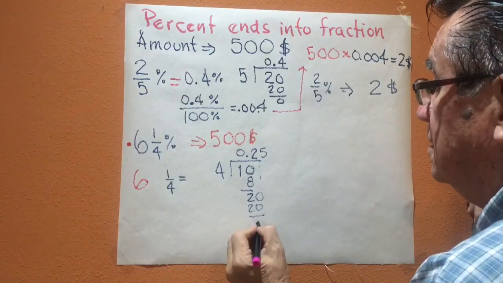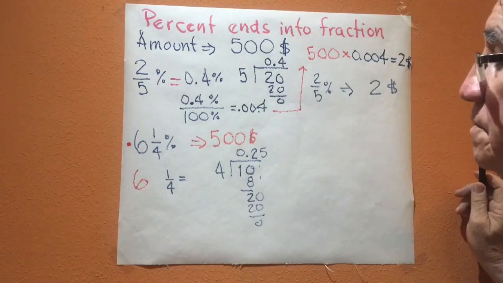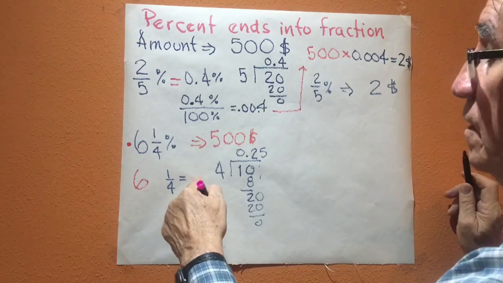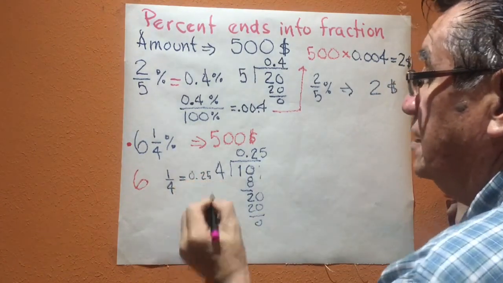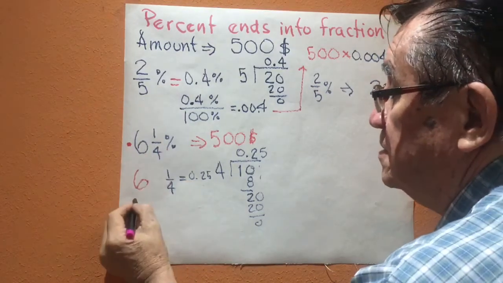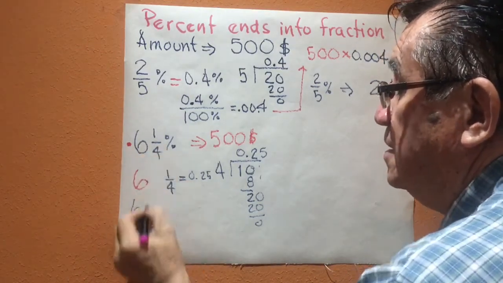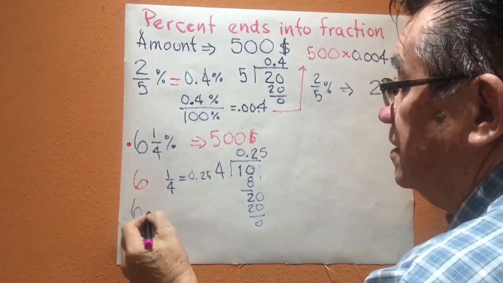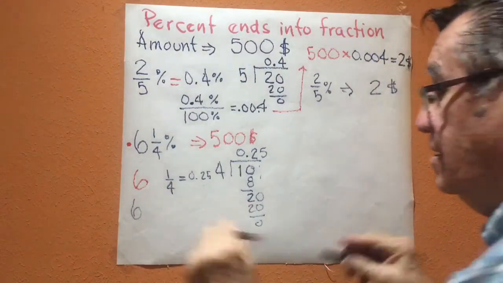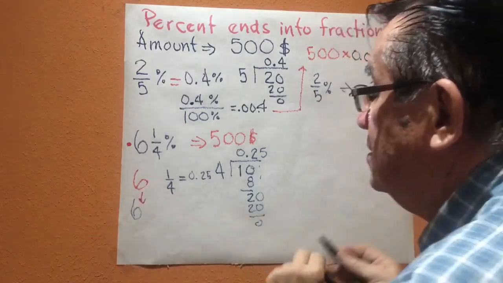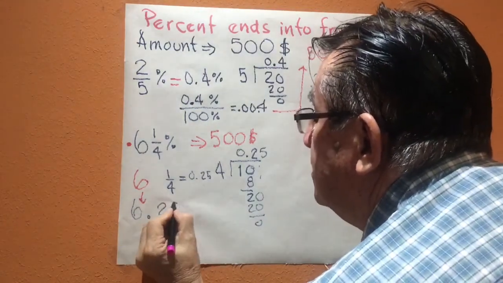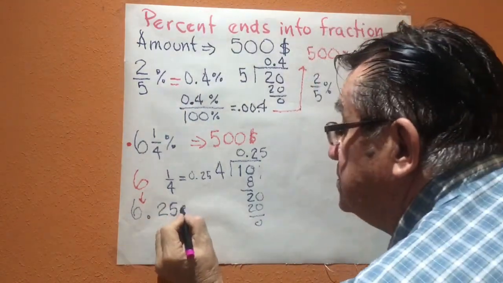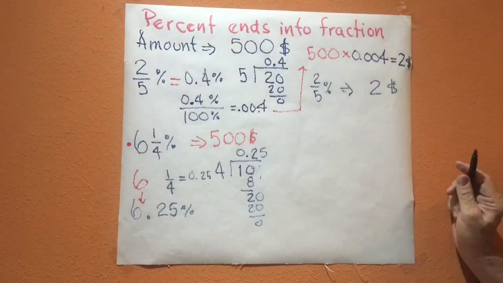So 1/4 is equal to 0.25. That means that 6 and 1/4 is going to be like this: 6.25. Okay, this is the percent in decimal form.